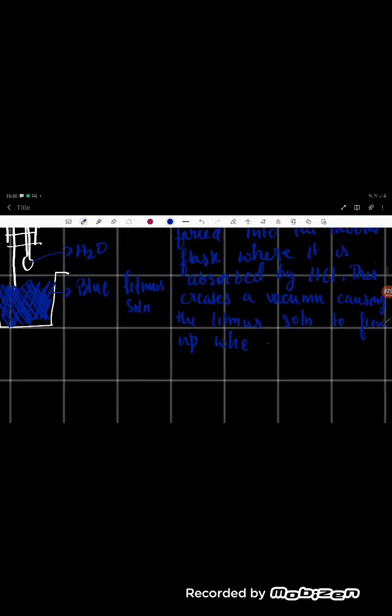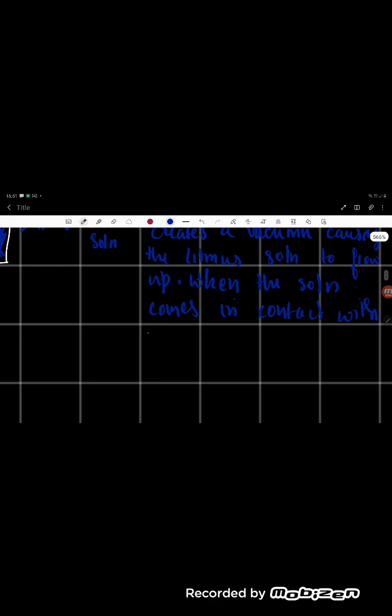When the solution comes in contact with HCl, it turns into a red fountain. So this is the fountain experiment.